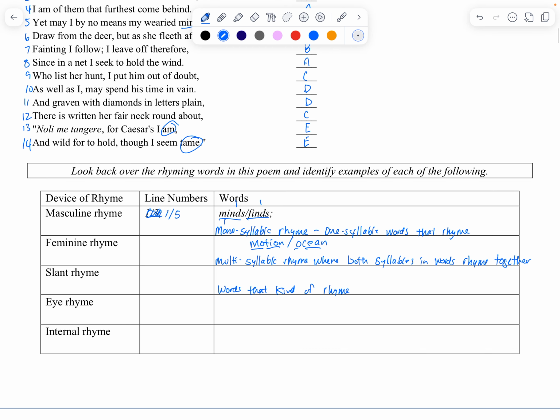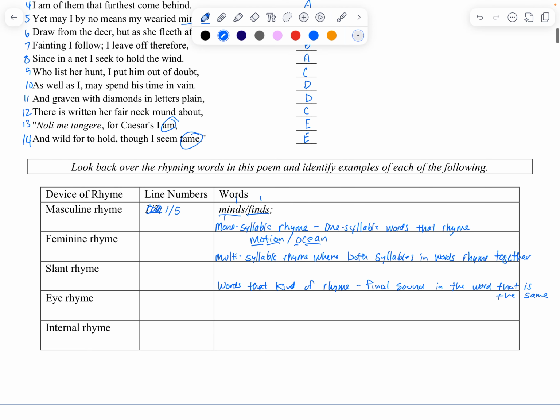Okay, sometimes it is the final syllable in the word, not final syllable, the final sound in a word that is the same. Okay, so for instance, am and tame, the final sound is the M sound. That is a slant rhyme.